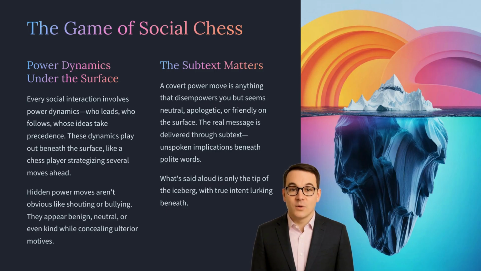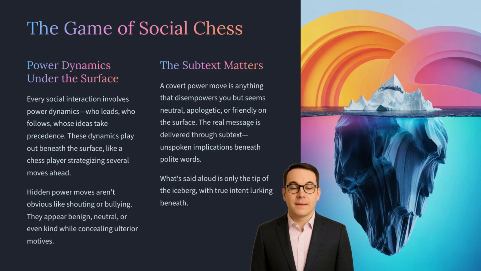Crucially, hidden power moves are not obvious like shouting orders or overt bullying. In fact, a hallmark of these moves is that they appear benign, neutral, or even kind on the surface, while concealing an ulterior motive or effect. As one expert defines it, a covert power move is anything that disempowers you, but on the surface seems neutral, apologetic, or even friendly.